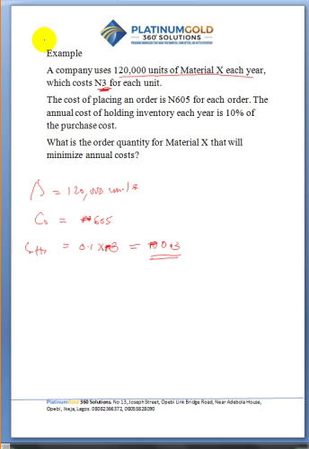So can we quickly give it a solution? What is the order quantity for material X that will minimize annual costs? The formula is the square root of 2 CO D over CH.